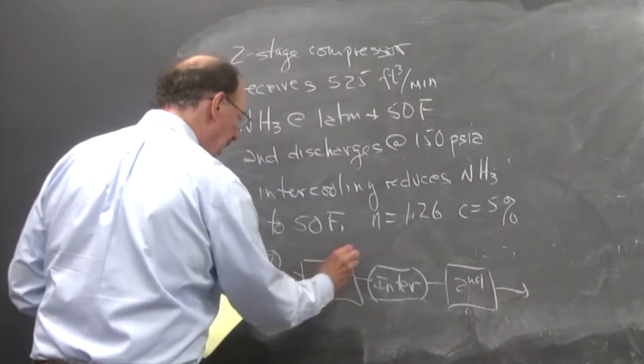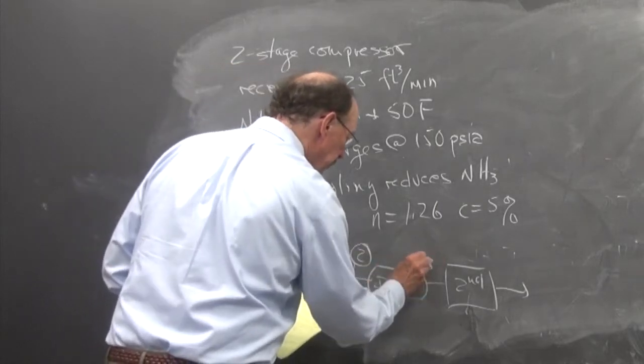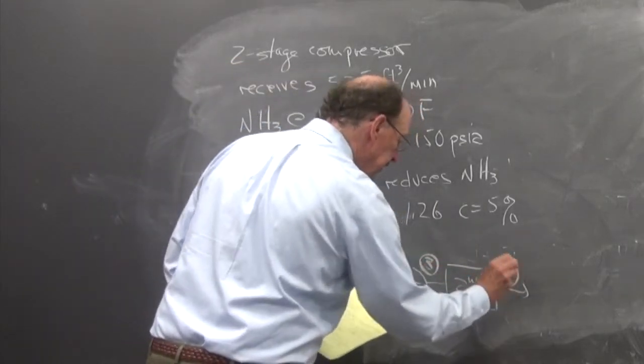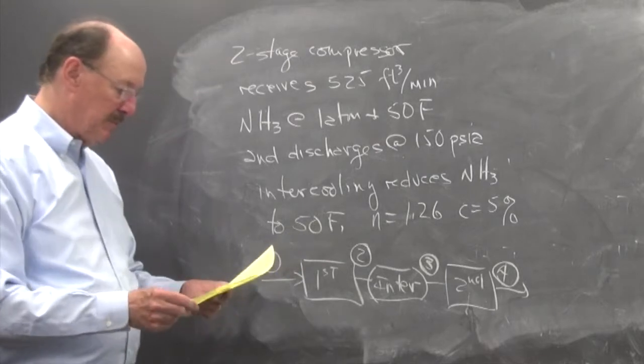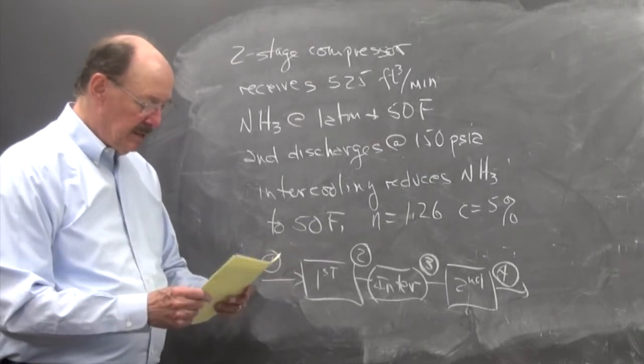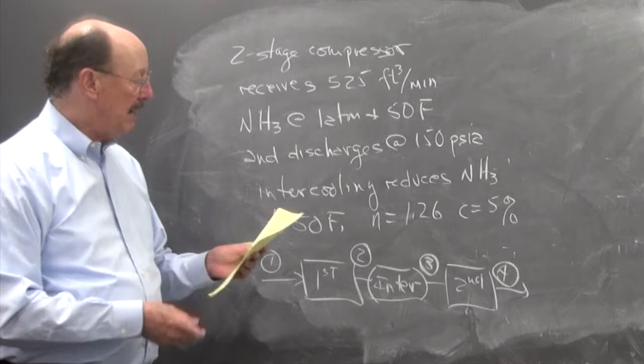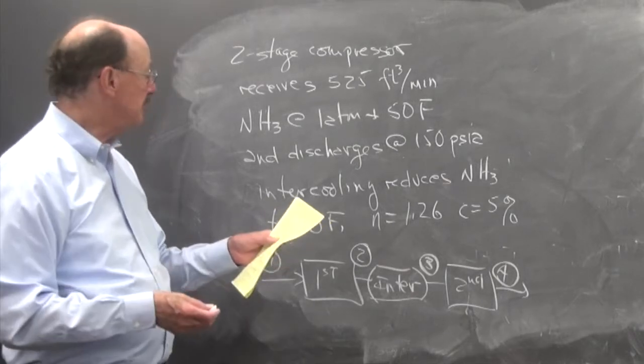So we have 1, 2, 3, 4. These are the various states that we want to examine. So what we look at now is we want to go through and find all this sort of stuff.